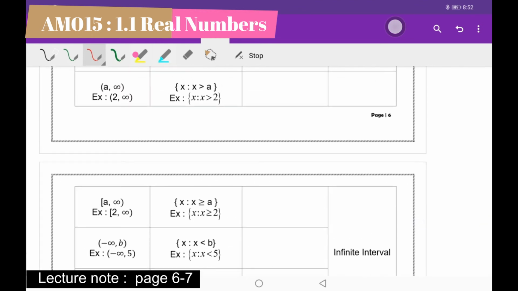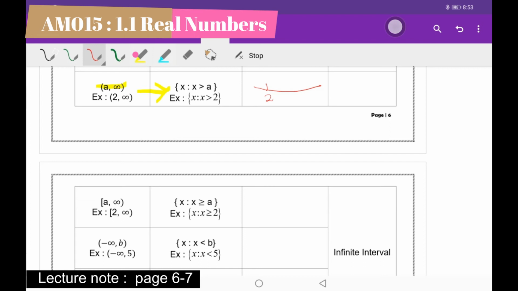Okay, infinite interval, when you are dealing with infinity. Look at the first one, 2 to infinity, and this is how we write it down in set notation form. Now we want to draw a number line for this interval. So the same steps: draw a line and write down the number.